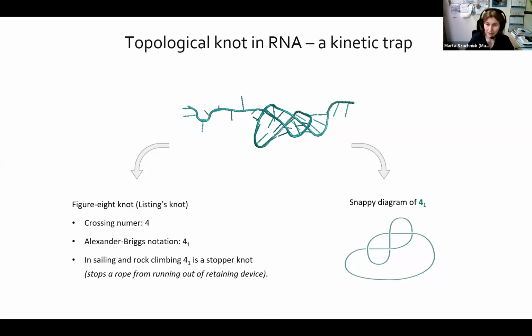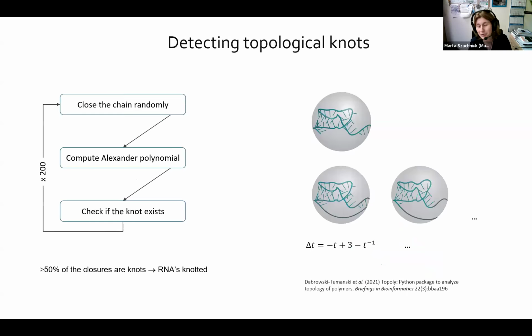So that's how we actually look for topological knots in biological structures. And that's the simplified diagram of the procedure that is followed in Topoly, which is a Python package to analyze topology of polymers, including RNAs.